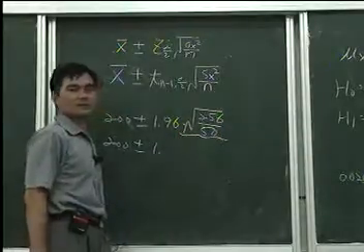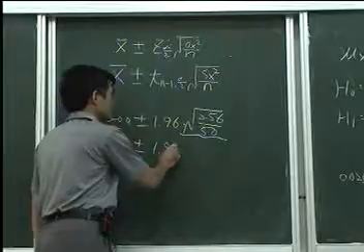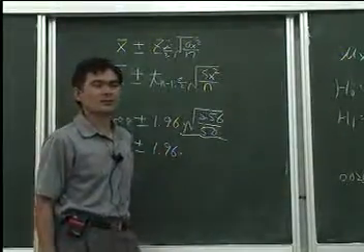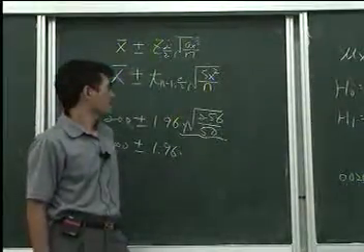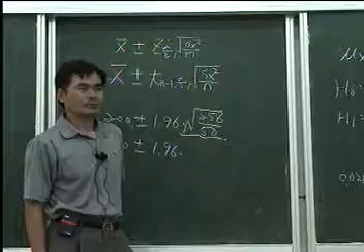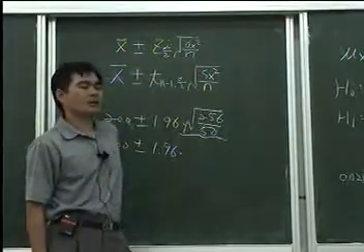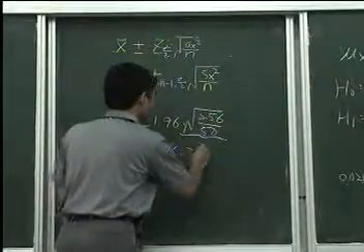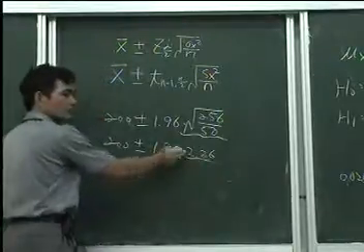How much is that? No one has a calculator? 256 divided by 50 and square root of it is 2.26, right?